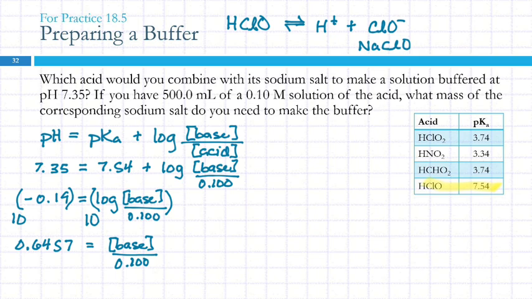So then I'm going to multiply both sides by 0.1, and I should have a base concentration that is 0.06457 moles per liter. Now the rest of this is something you also learned in Chem 1A, but may have forgotten.